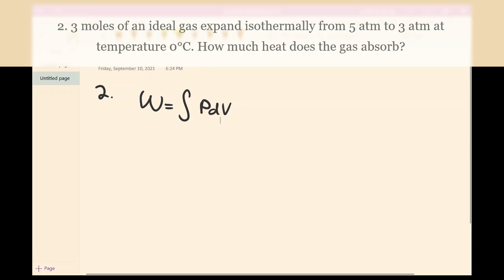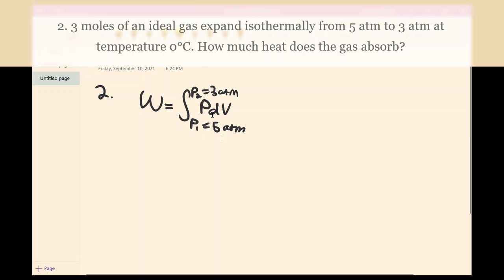This is probably something you should know. In this case, it would be from P1 to P2. This would be 3 atmospheres, and the starting point would be at 5 atmospheres. So that's what we're trying to find.